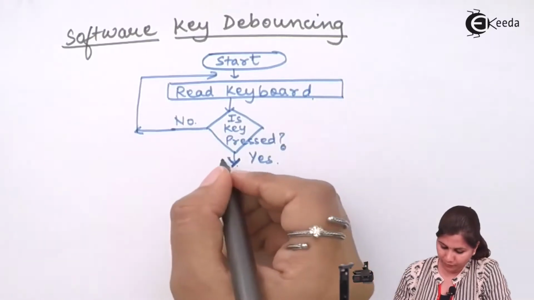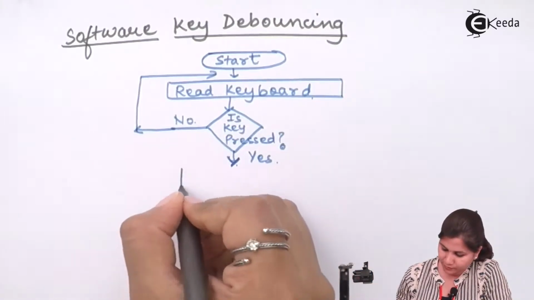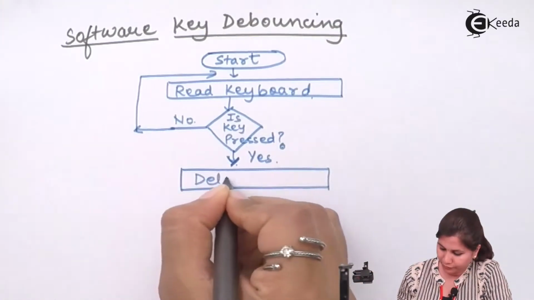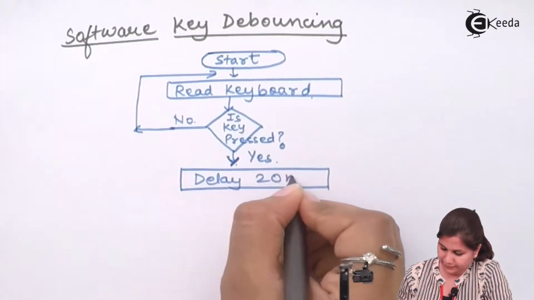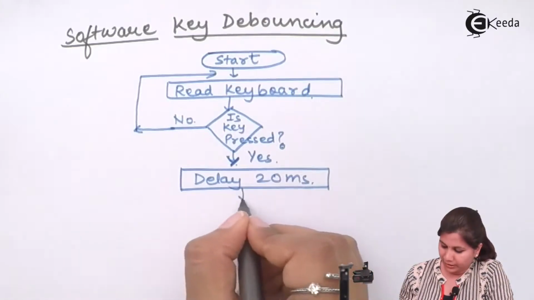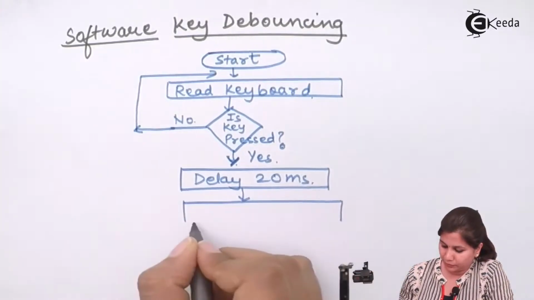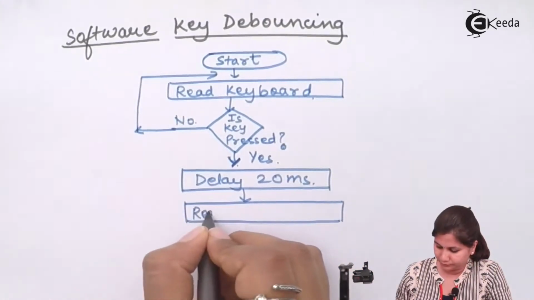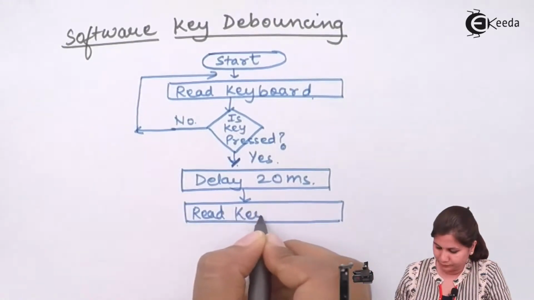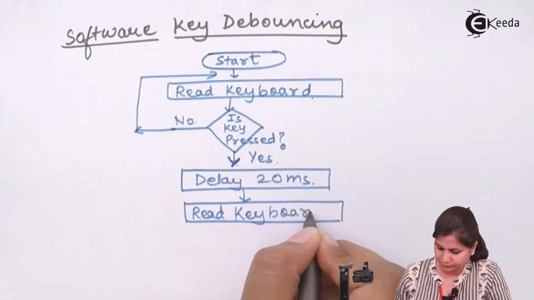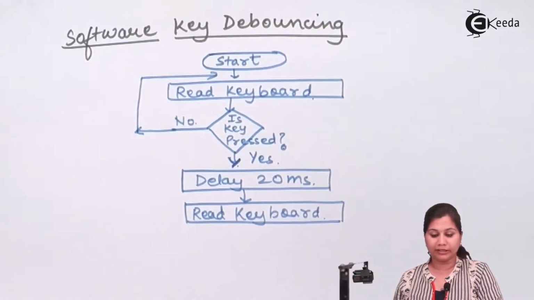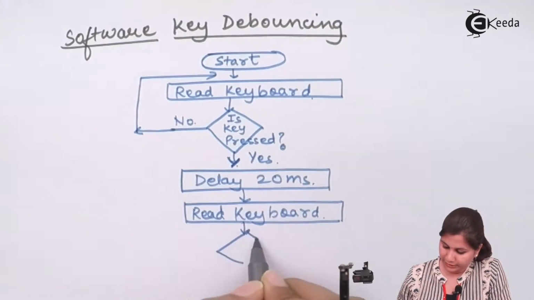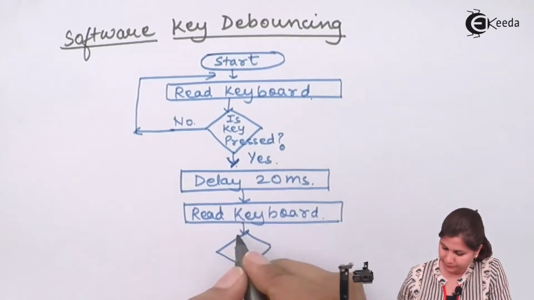After that, if the key is pressed, then there will be a delay of 20 milliseconds. Then it is going to read the keyboard again. When it reads the keyboard, it is going to check whether the key is still pressed.